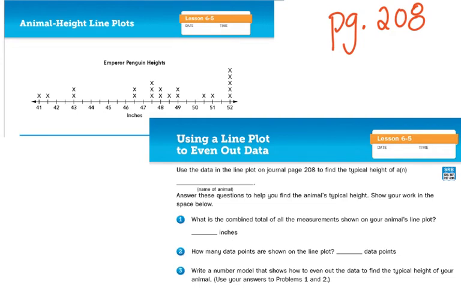Okay, 209. So it says use the data. So I'm on page 208. This is page 209. Use the data in the line plot and journal page 208 to find the typical height of a, and we're going to call this emperor penguin.